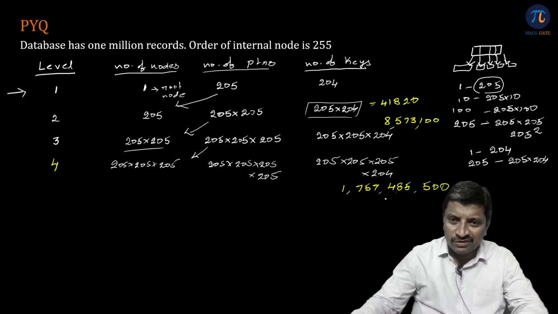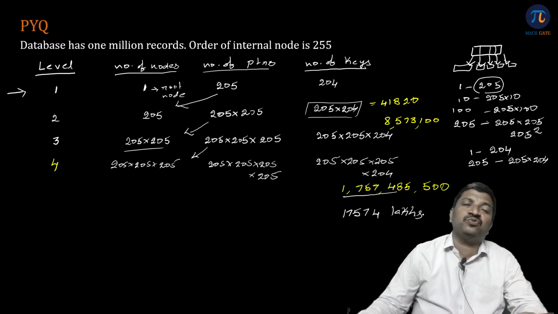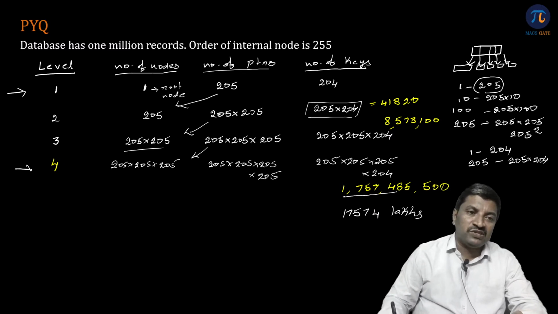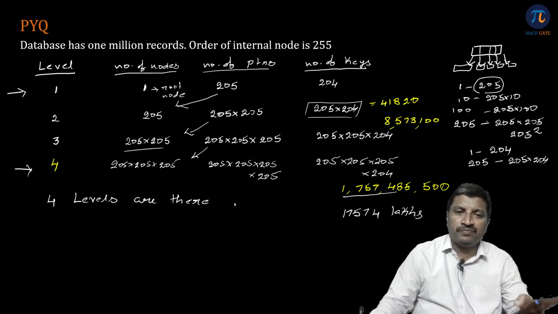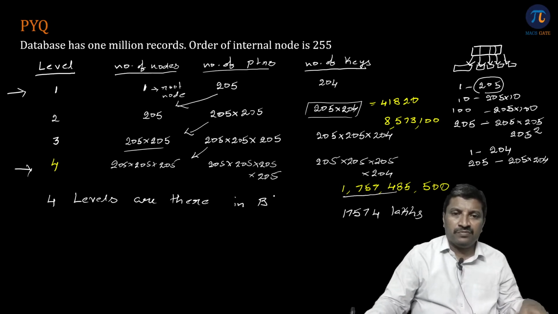We have more than that. So 4 lakhs. But 1 million means only 10 lakhs. So 4 levels are enough. So I have 4 levels in the B plus tree.